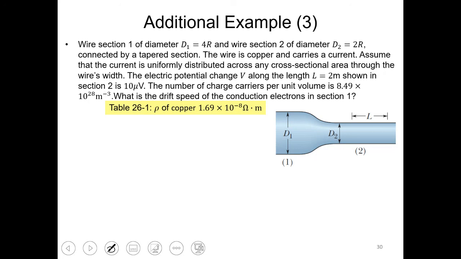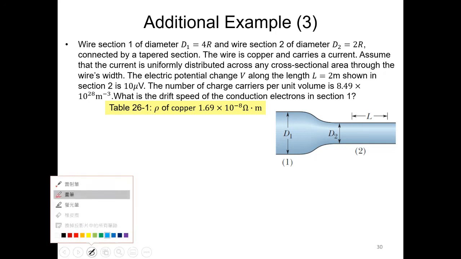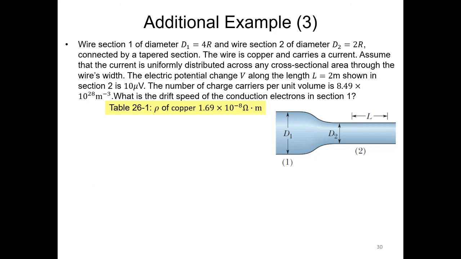So we still have the third one. For wire section 1 of diameter D1, section 2, D2 is half of it, connected by a taper section.